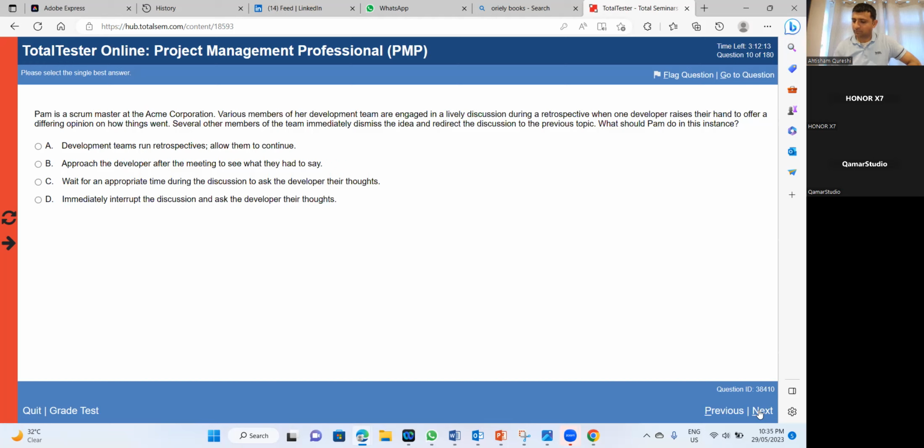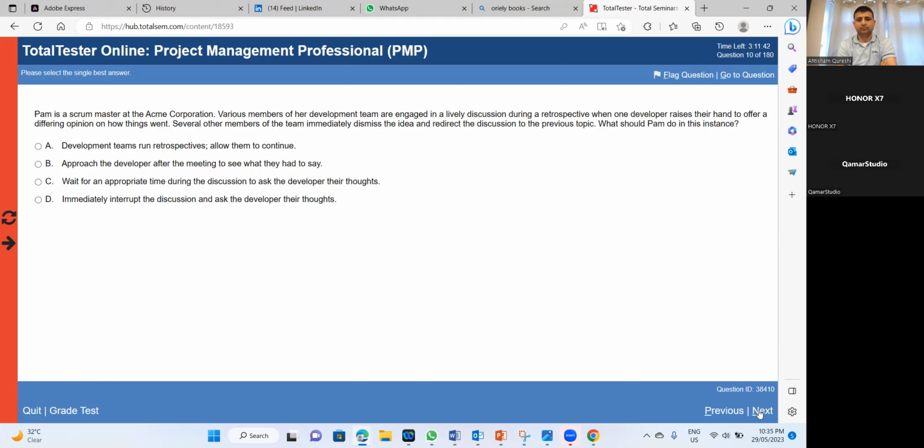Palm is a Scrum Master at Acme Corporation. Various members of the development team are engaged in a lively discussion during the retrospective when one developer raised their hand to offer a differing opinion on how things went. Several other members of the team immediately dismissed the idea and redirected the discussion to the previous topic.